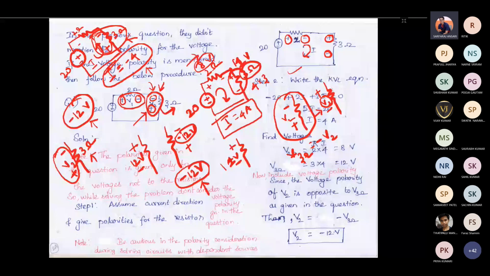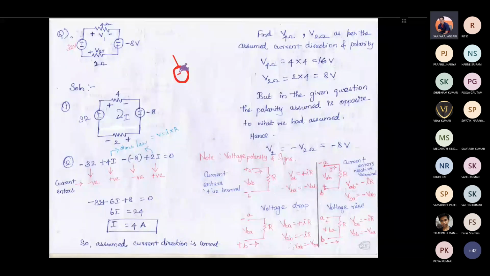let us have a circuit. For this circuit, whether they have given the polarity or not, you solve the problem according to the assumption that you are giving some current direction. Okay, you are giving some current direction, and for that you are writing the KVL equation.